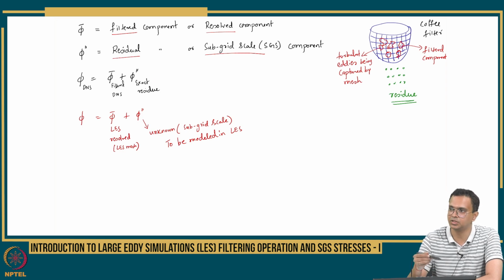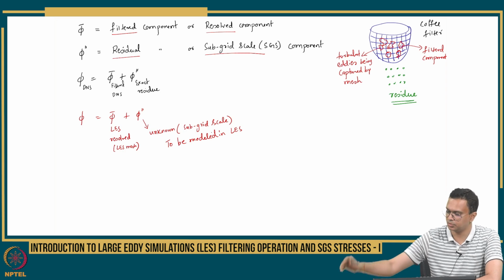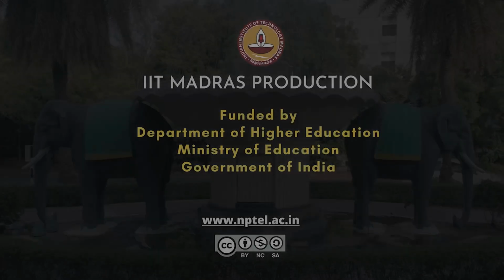But if you use the same filter size as your mesh size and run an LES calculation, then you would get, sorry, not filtered, you will get resolved data. Whatever you are resolving is captured on that particular filter size or mesh. Then the residue you have no access to, it will become unknown, and you need to model this. Okay, so I'll show you an example, then it becomes a little more clear.